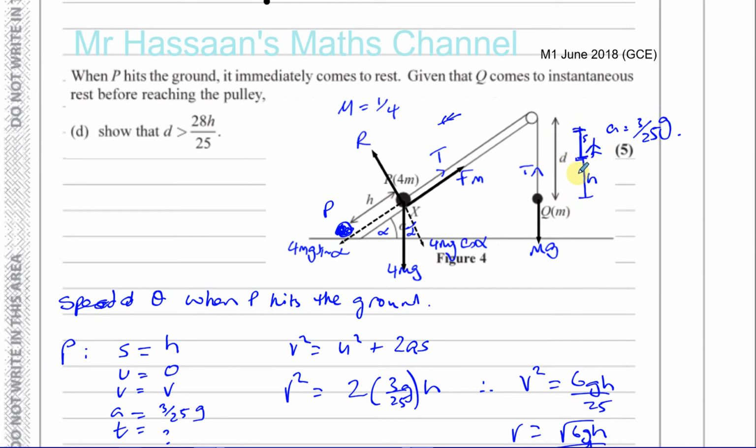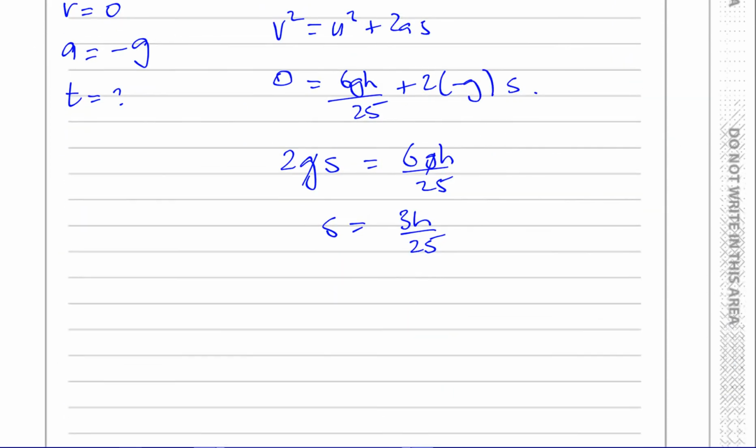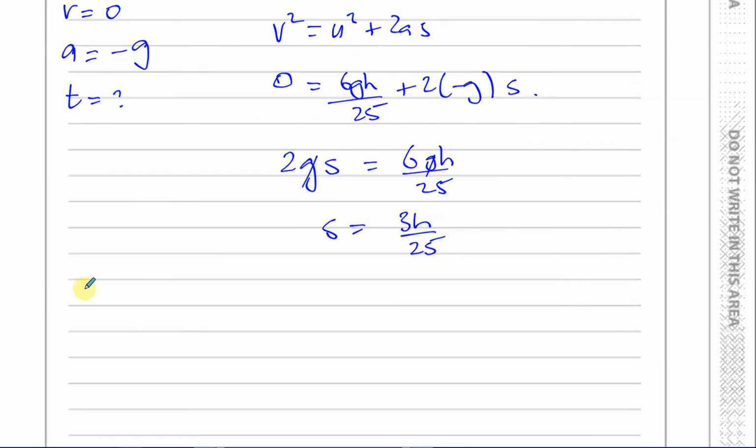So the distance that Q travels is equal to h plus 3h over 25. That's 25h over 25 plus 3h over 25, which is 28h over 25.